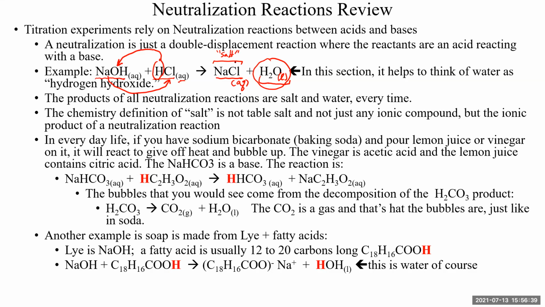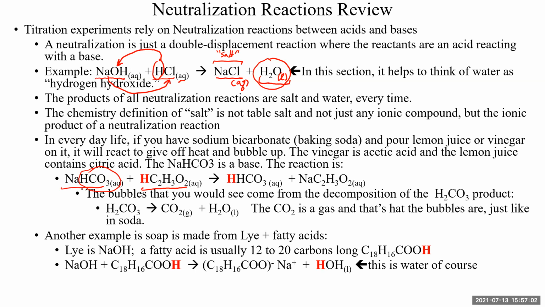Let's take another example. We have sodium bicarbonate plus acetic acid. Bicarbonate is actually the conjugate base of carbonic acid. But in this case, because it's a base and there is no carbonic acid around, in this instance it will perform the function of a base.